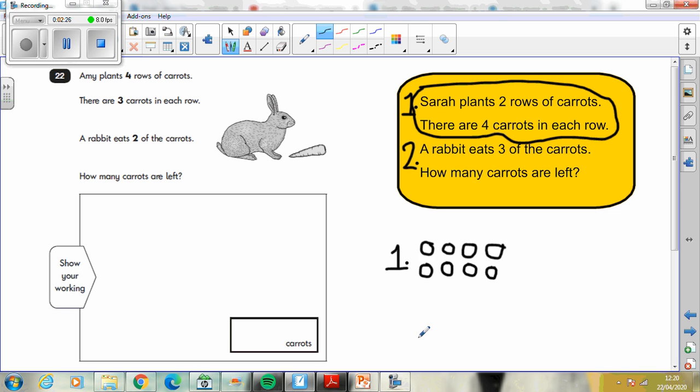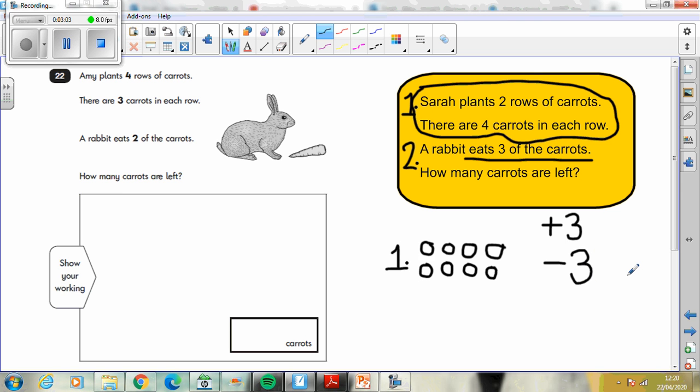Step 2 is a rabbit eats 3 of the carrots. So what I want the children to really think about is if a rabbit is eating 3 of the carrots, what would that look like in mathematical terms? Is the rabbit adding on 3 carrots? Or if the rabbit is eating them, is the rabbit taking away 3 carrots?